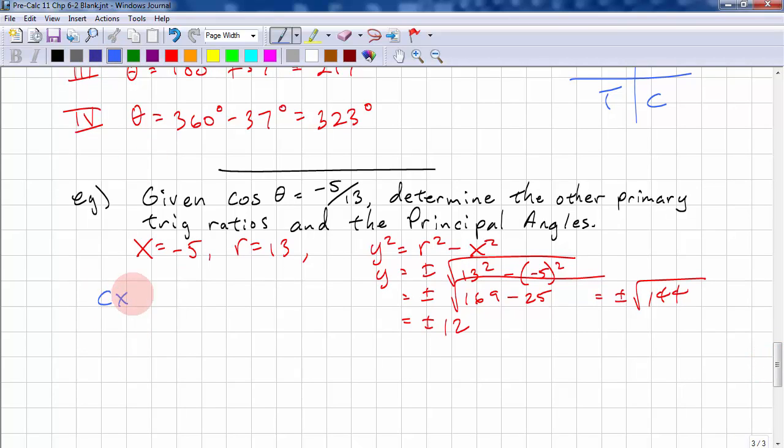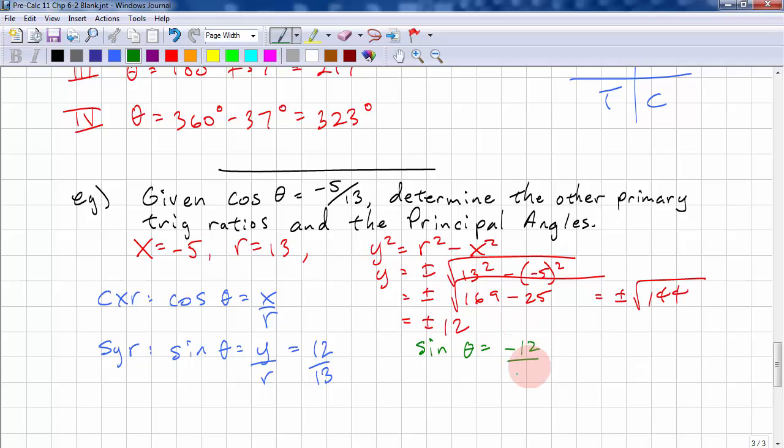So SOH CAH TOA tells us that cos theta equals x over r, and we already know that. Sine theta equals y over r, and we have 12 over 13. However, we also have sine theta equals negative 12 over 13.